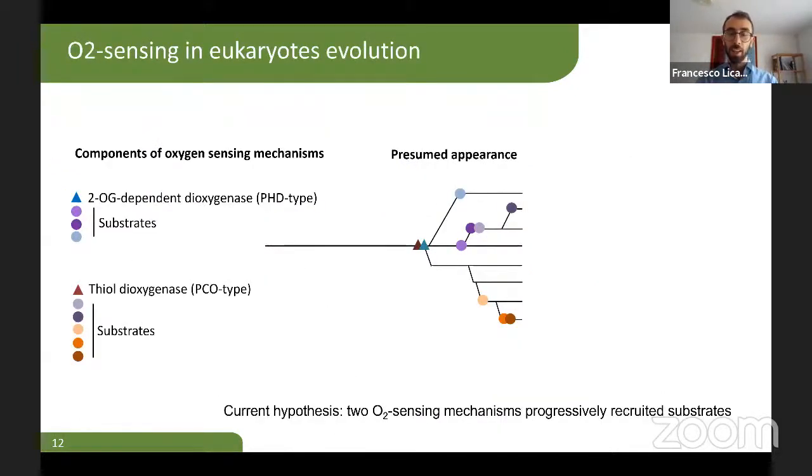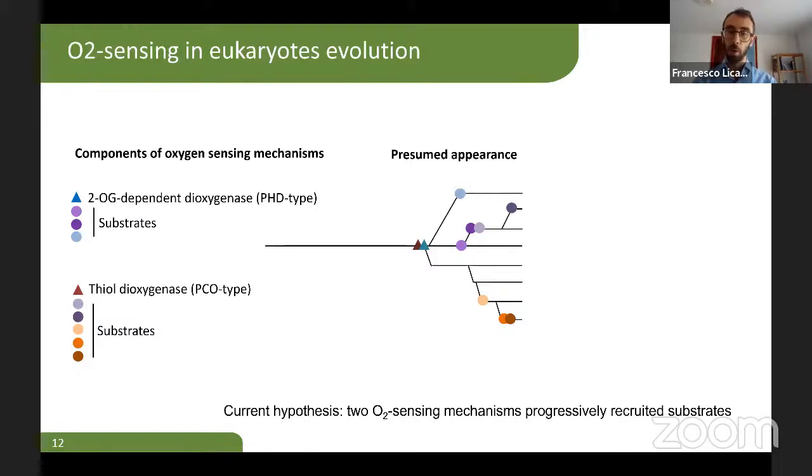So we can then modify our initial hypothesis and imagine that the last common eukaryotic ancestor of plants and animals must have contained both oxygen sensing enzymes. But apparently the divergence between plants and animals has led to the recruitment of either one or the other to control transcription responses.